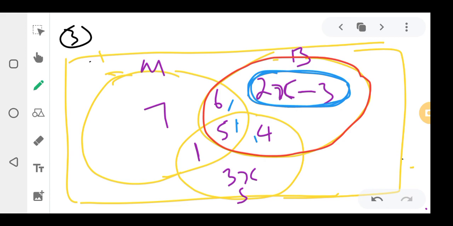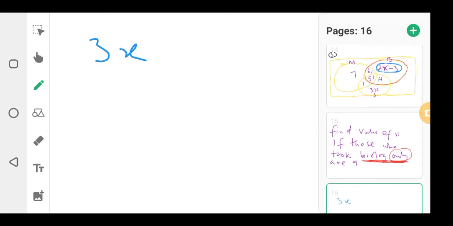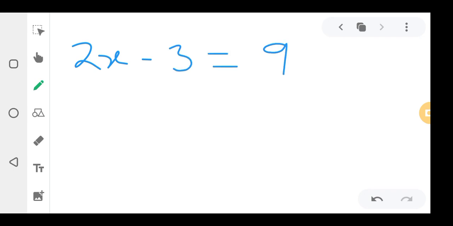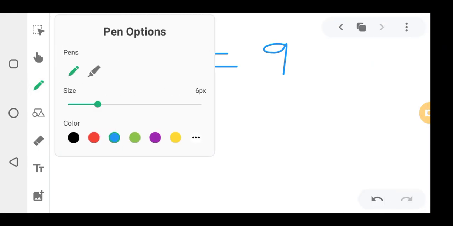So it's 2x minus 3. That's the one that you pick. So when you're solving that, it will be 2x minus 3 must be equal to 9, the ones who took biology only. You don't add those other numbers because they said only, unless they didn't put only.